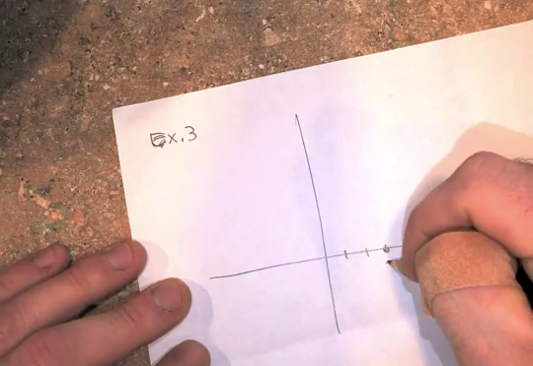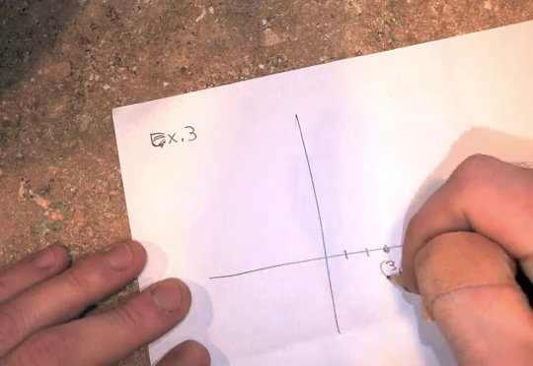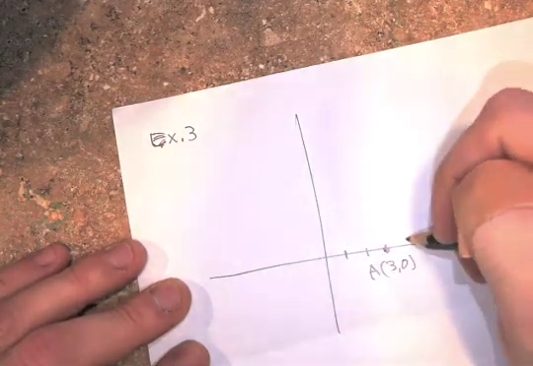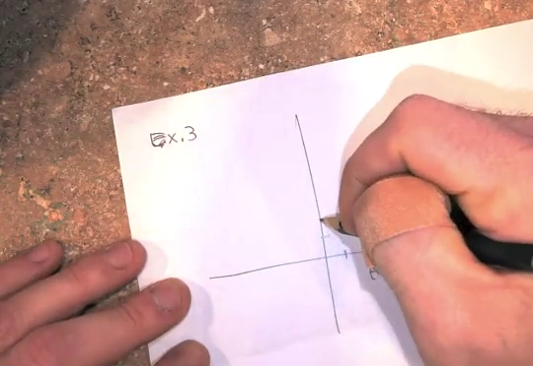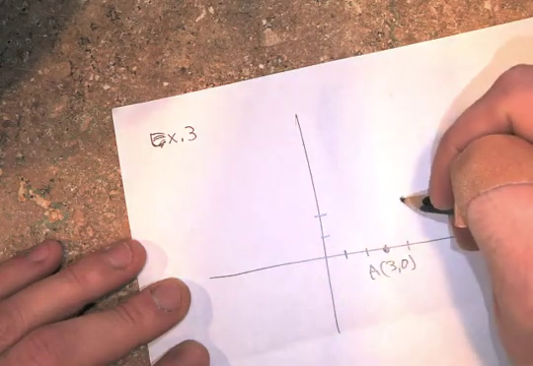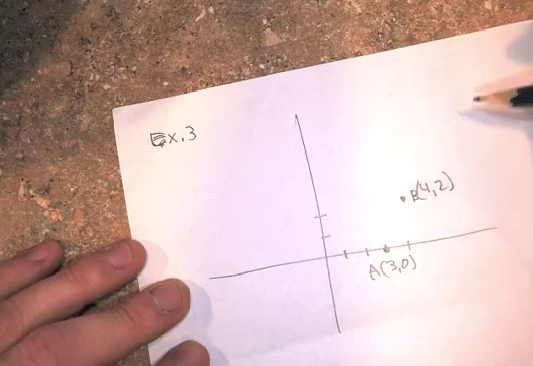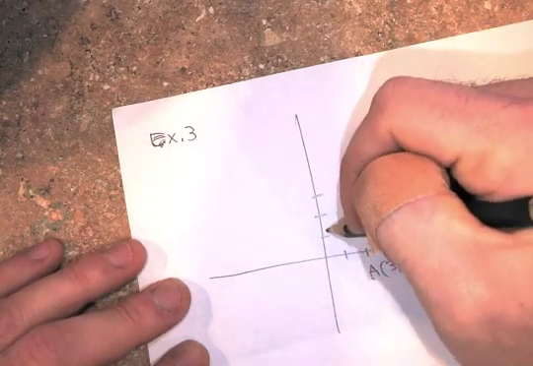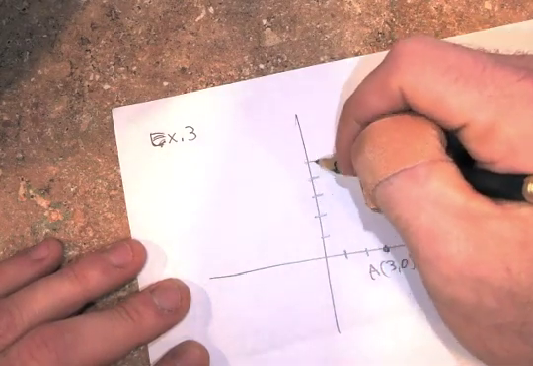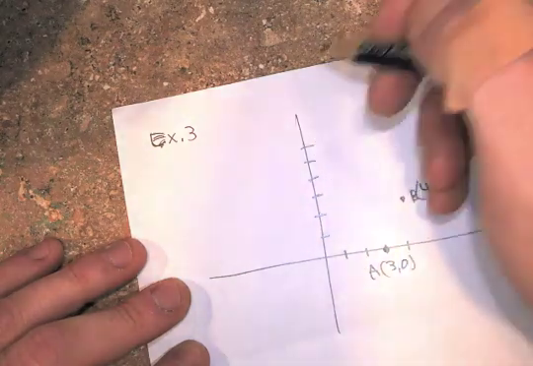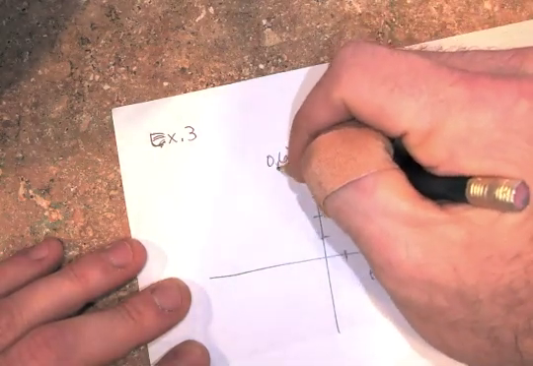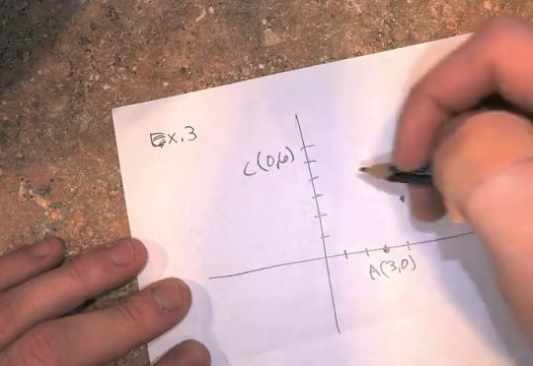Say 3, 0. Let's say 4, comma 2. B. And let's say 0, comma 6. 0, 6 is C. Okay, how about this?